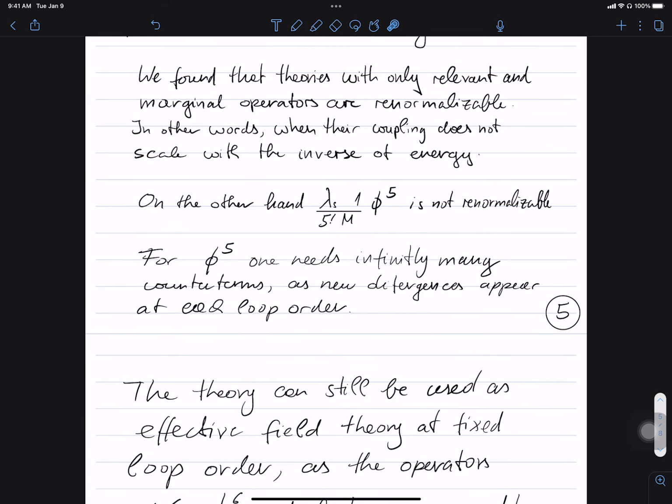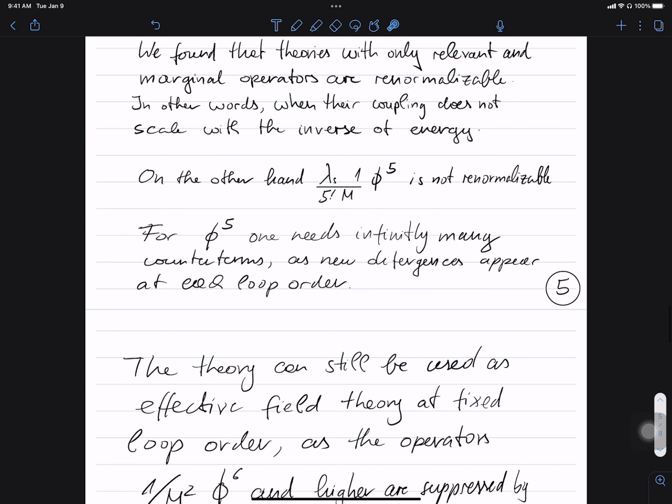On the other hand, if we had a phi to the 5 theory, like an interaction of this type, where we have some sort of additional mass scale here, this theory is non-renormalizable, as at each order in perturbation theory we would have additional counterterms, new powers of phi basically arising.